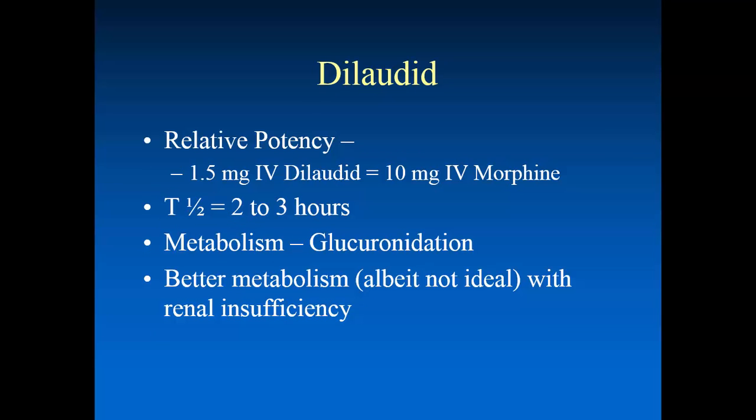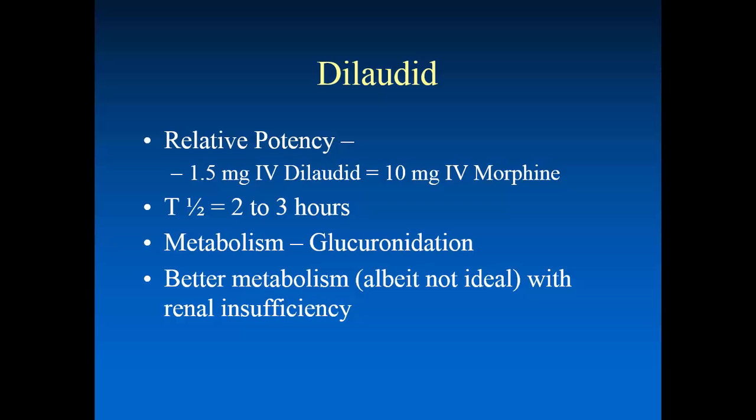Dilaudid is another opioid that we use very frequently. It has a relative potency to morphine of 1.5 milligrams of IV Dilaudid being approximately 10 milligrams of IV morphine. I think the important thing to remember is that these potencies are generalities and should be thought of in that way. They're certainly useful day-to-day, but they're not mathematical equations.